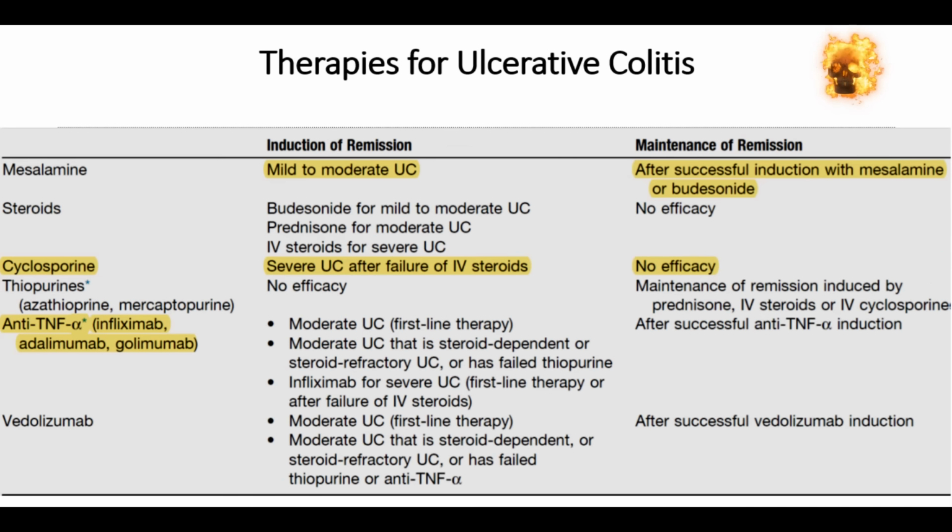We will cover in detail the medical management of ulcerative colitis in a different video tutorial. For the meantime, we have to remember that these are the drugs mainly used for a patient of ulcerative colitis, that is mesalamine, steroids, cyclosporin, thiopurines, and vedolizumab.